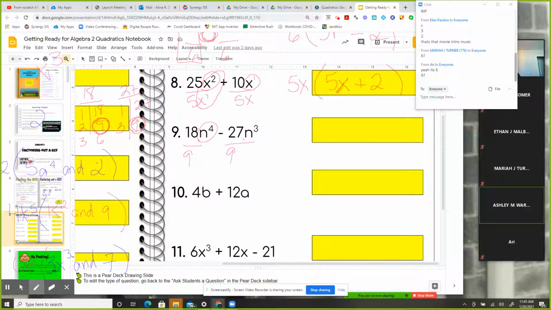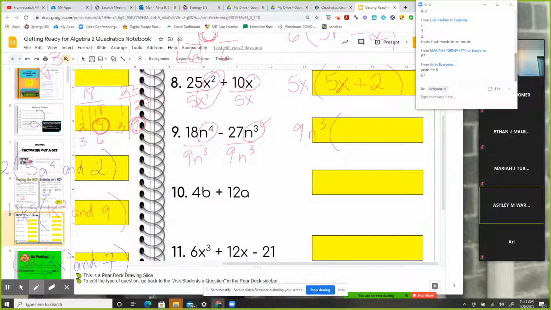And then how many n's? What exponent do I need to use? N2 or N3? 3. N3 is the smallest exponent that I have. Right? So N3.